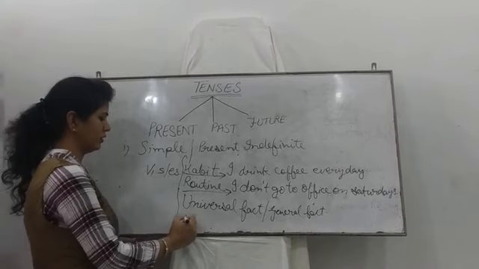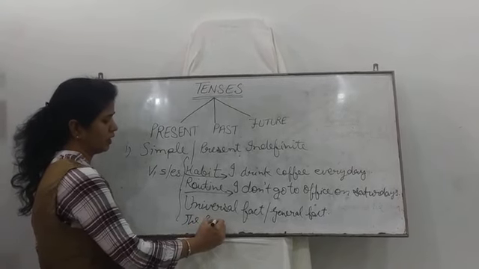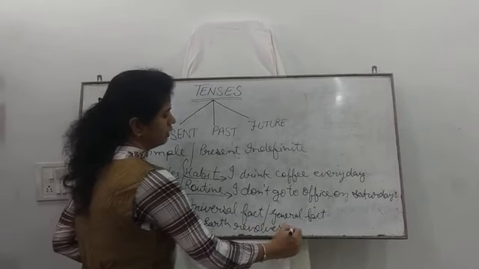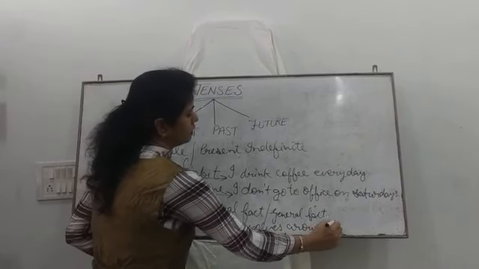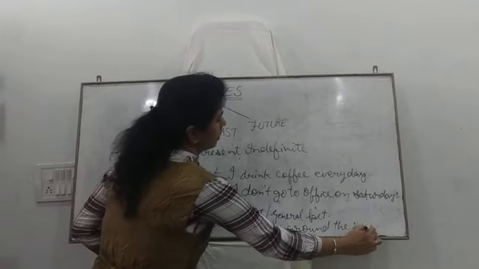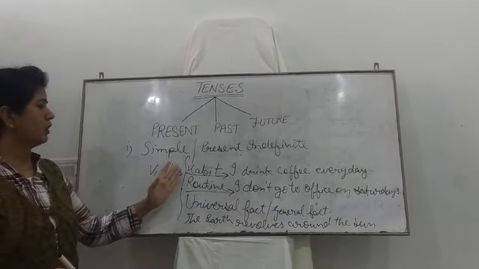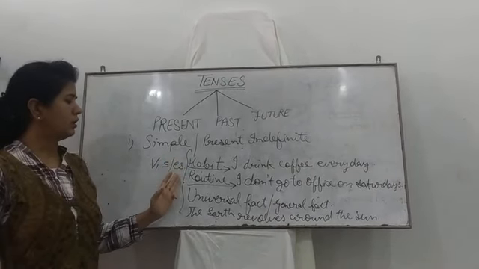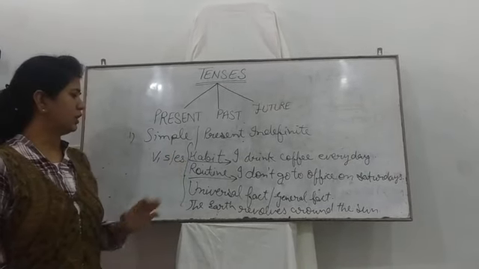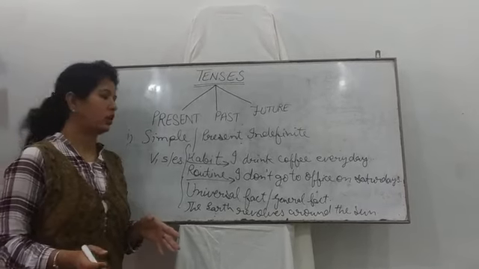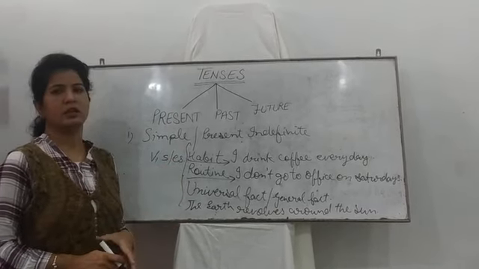Like, the earth revolves around the sun. In this way, any habit of yours, or any routine, or any universal fact, it's very easy to talk in simple present tense.